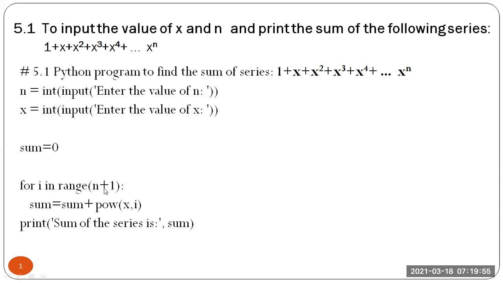And we have to go up to n plus 1 because we have to go till that value. Then sum is equal to, we just cumulatively add. Pow is the method for x raised to i. And then we have to print the sum at the end.